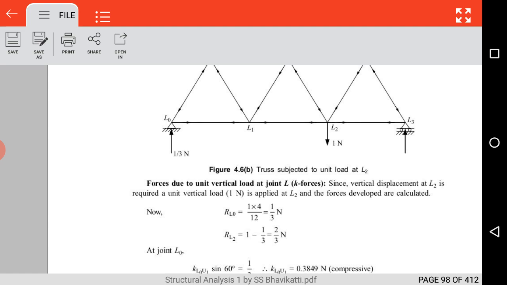So by using the method of joints, we will calculate each member force.